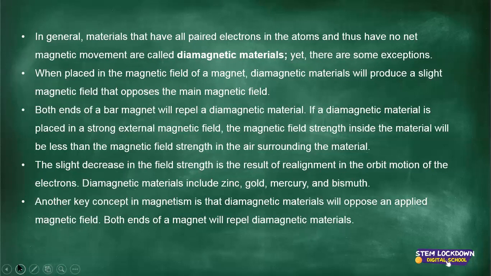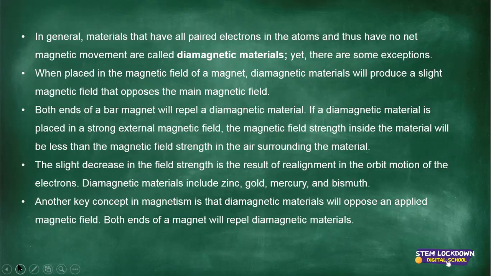Now, when you place this diamagnetic material, for example this atom that has no magnetic charge, in a magnetic field, it opposes the main magnetic field. Both ends of the bar magnet will repel a diamagnetic material. That means they don't attract each other, they repel each other.